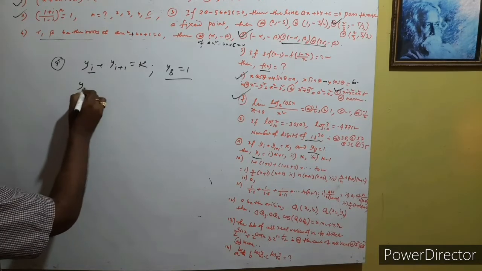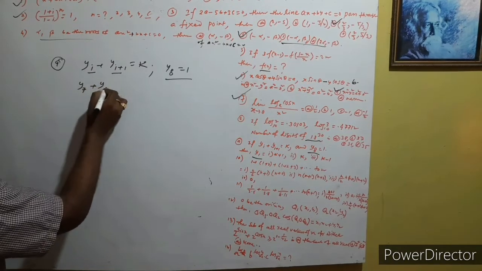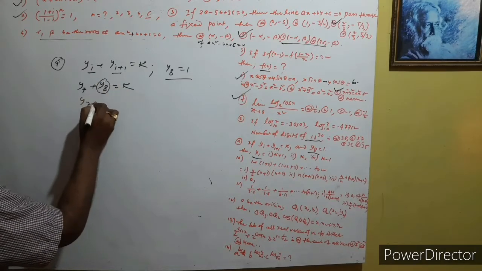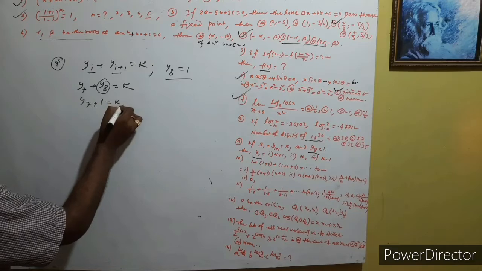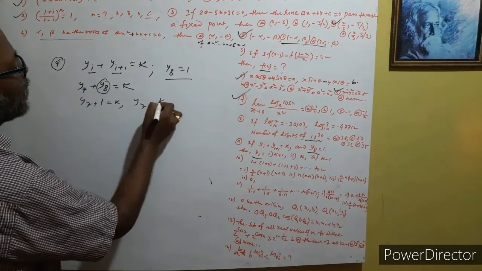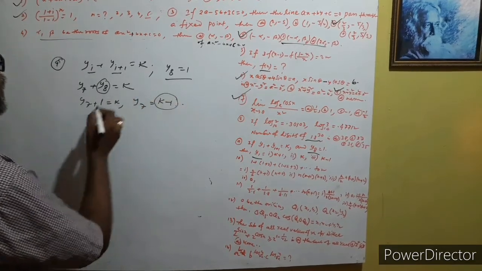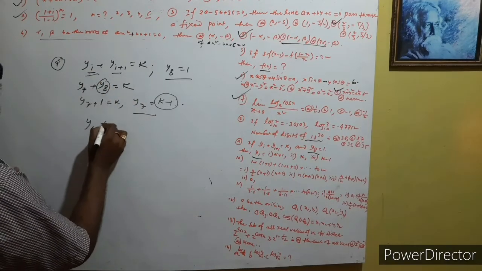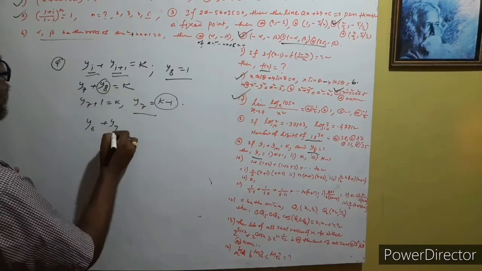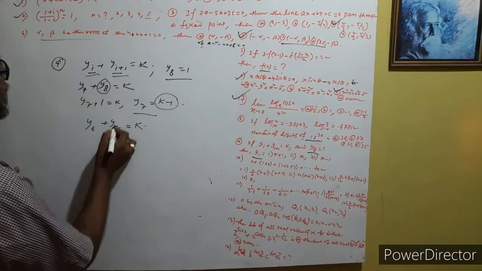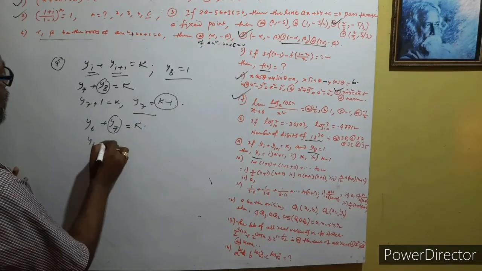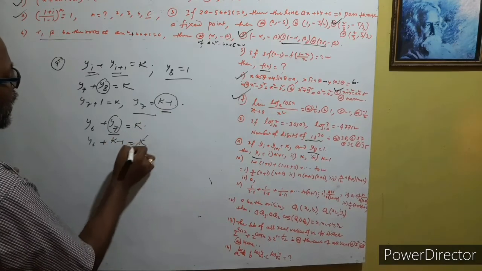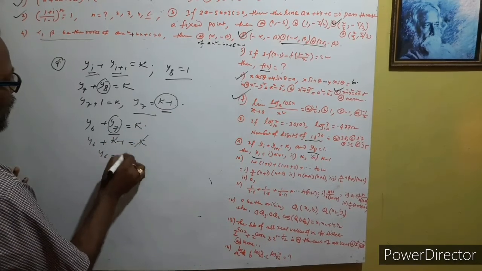If we put i as 7, then we get y8, and this is k, and this is 1. So y7 plus 1 is equal to k, so y7 is equal to k minus 1. Again, if we put 6, then y6 plus y7, where y7 is k minus 1, is equal to k. K cancels, so y6 is 1.